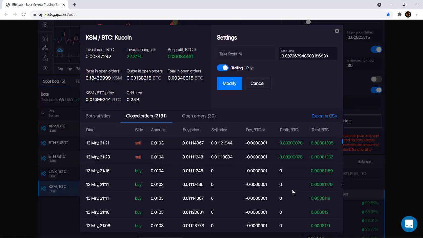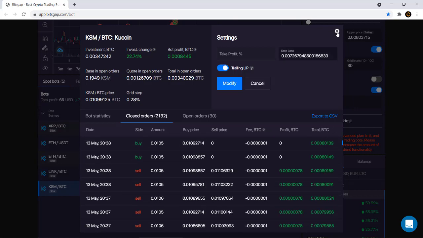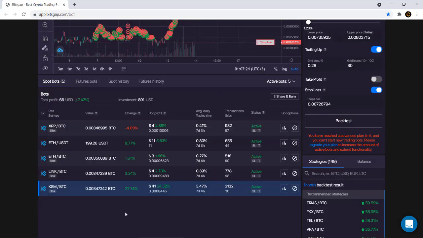Every minute there's profit. Sometimes not, sometimes it's buying when it goes down. But you can see that the whole time there's profit coming in. It's small amounts, but it all adds up. And this is the amazing thing with this grid bot, that it just keeps running and keeps making lots and lots of small profits, and it all adds up.